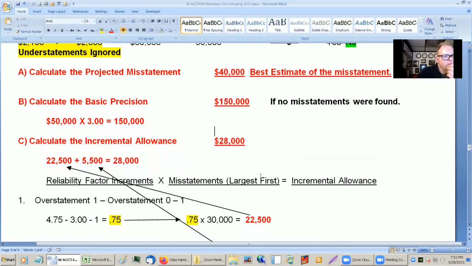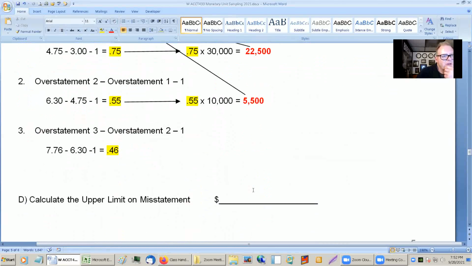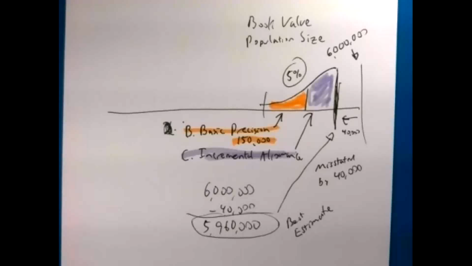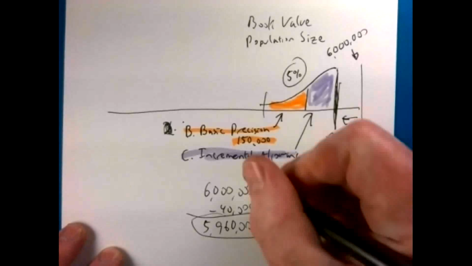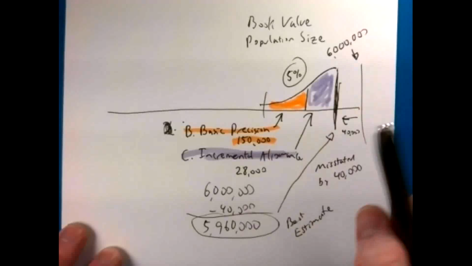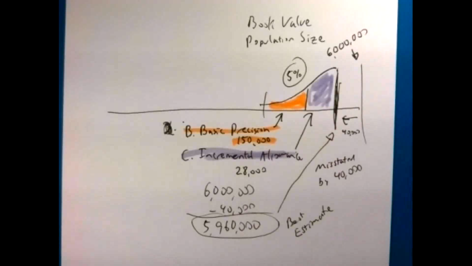Okay, so this is what we'd use, and our upper limit would be all these together. So just to go back to this thing. We're saying this thing could be off by another 28,000 because of incremental errors.